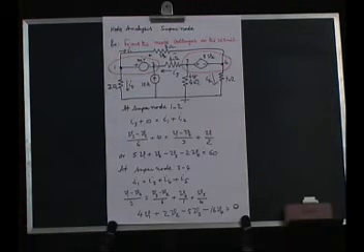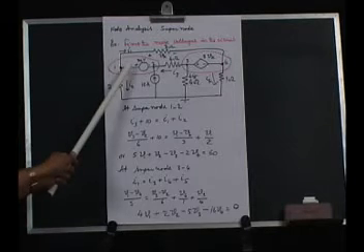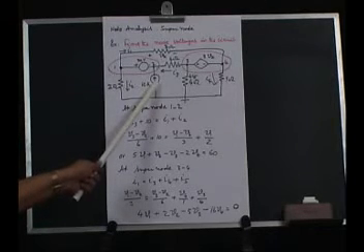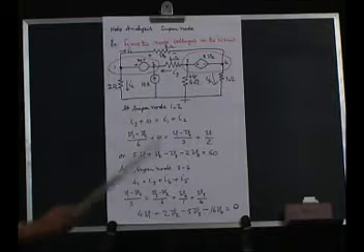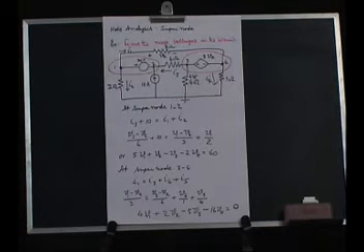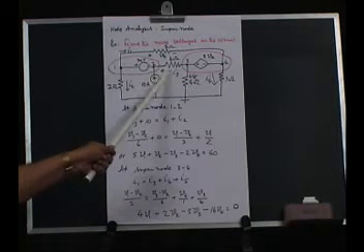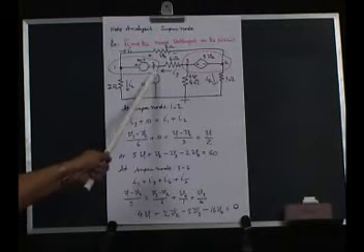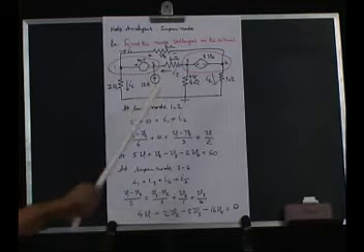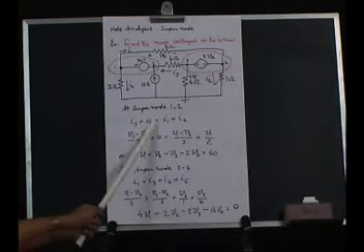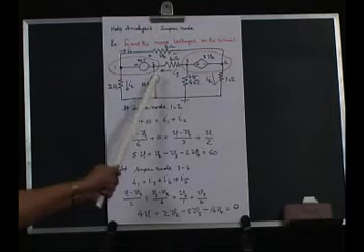What are the currents coming into the node? Obviously, the 10 ampere current is entering the node, and I3 is also a current flowing into the node. So, these two, I3 plus the 10 amperes, are the currents entering the node.